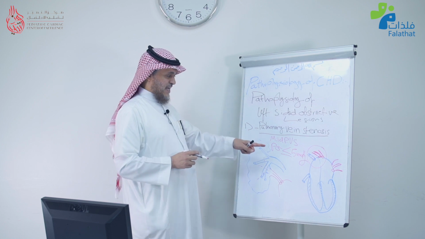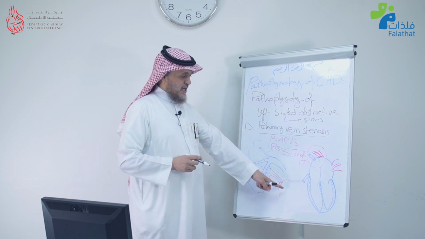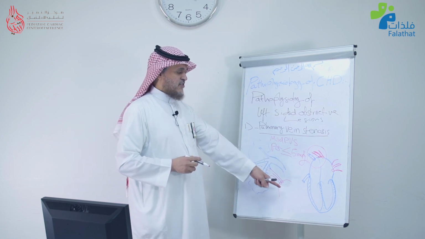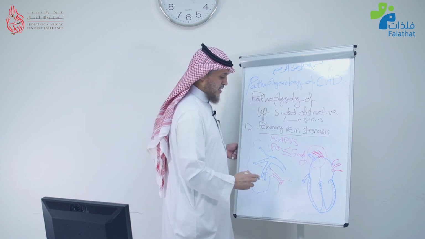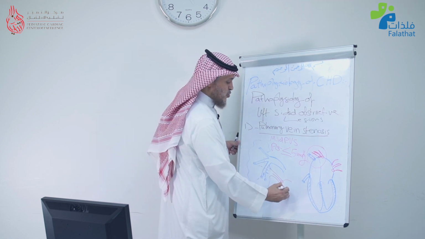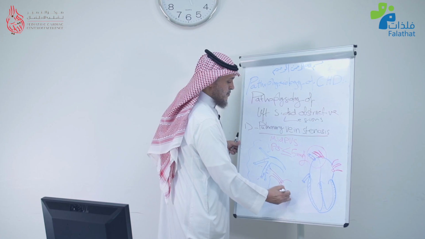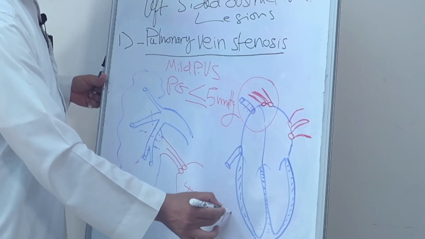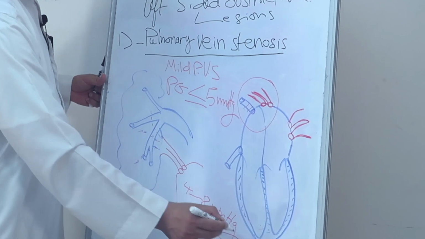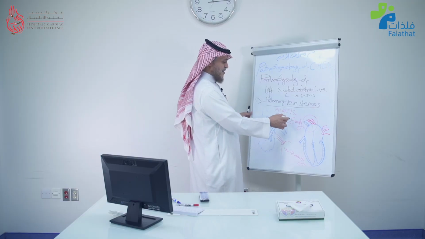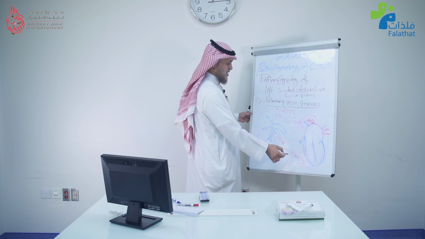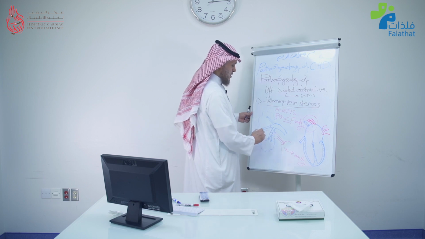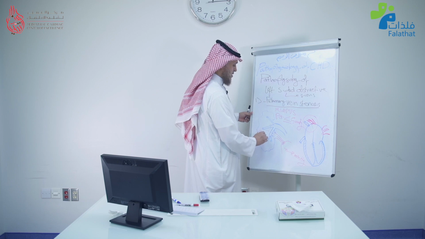In such a stage, we know that the normal left atrial pressure is anything between 4 to 8 millimeters of mercury. So let's assume a 5 and assume the highest number, then the pressure here will be 13 millimeters of mercury.